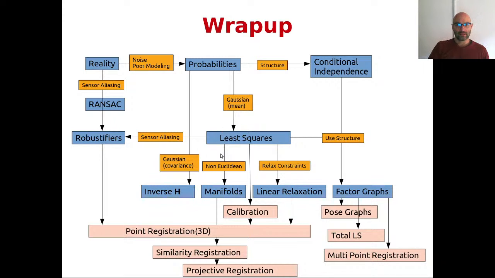And the first problem that we were tackling with that was calibration. You remember the first example was a calibration problem with least squares, where we wanted to calibrate a set of kinematic parameters of the robot.